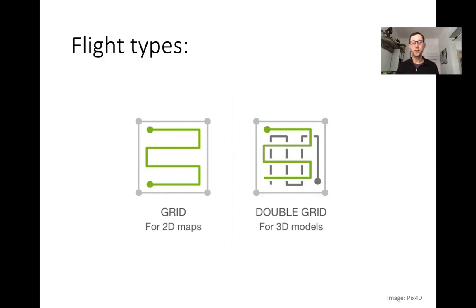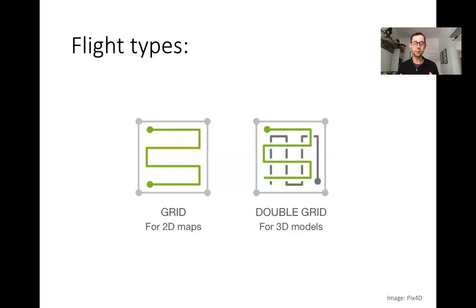But for reconstructing 2D maps, this kind of lawnmower pattern is usually adequate. But if our focus is really on 3D models, then it's more effective to fly a double grid, which is like that lawnmower pattern, except we then turn it 90 degrees and fly the other lawnmower pattern lined up over it. That ensures we're getting views of all different sides of 3D objects.